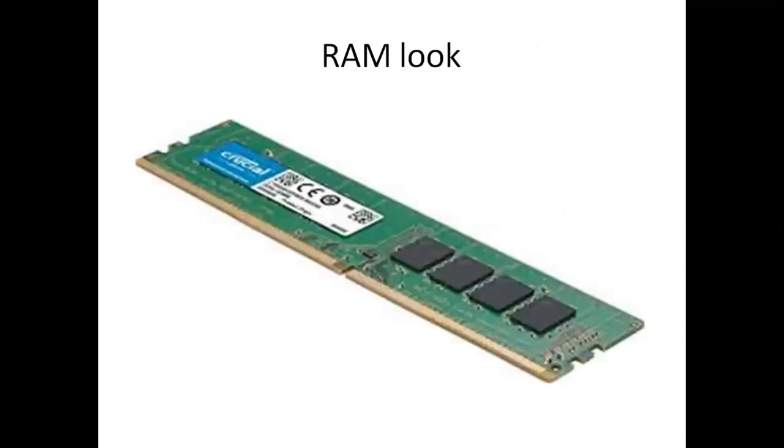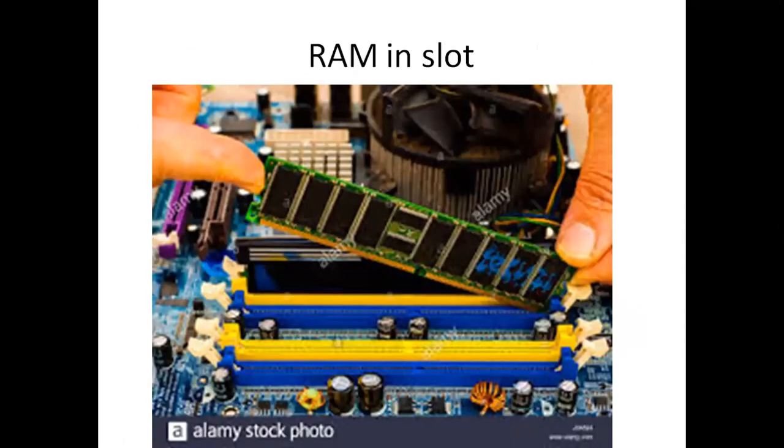This is how RAM looks. Students, I hope everyone is able to see this. This is how RAM looks, and it is generally fixed in a RAM slot, as I told in the first one or two classes about the motherboard.